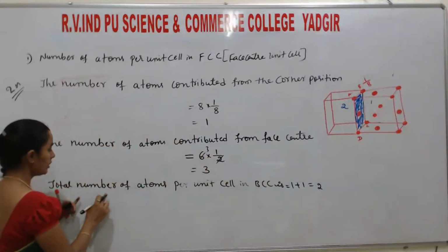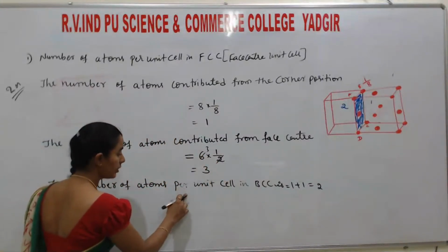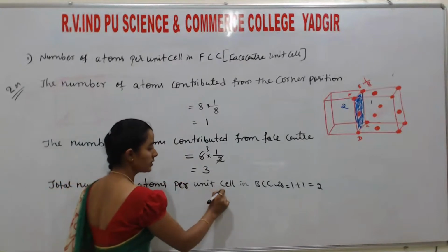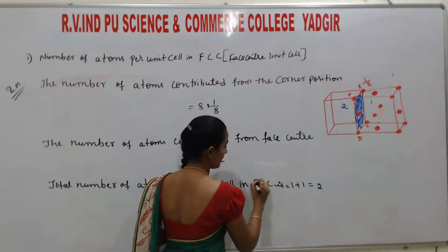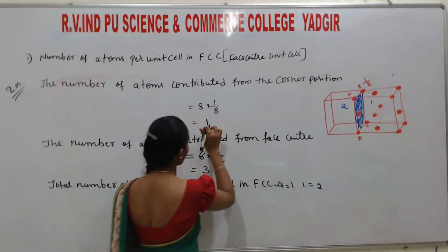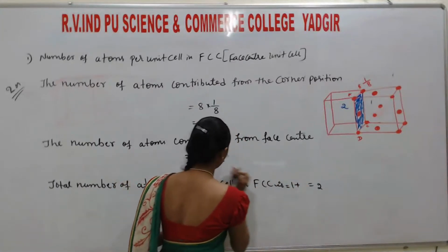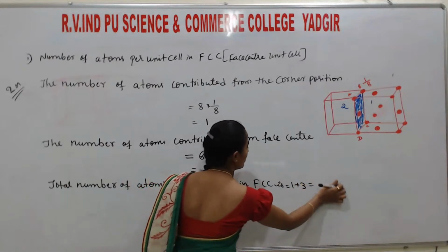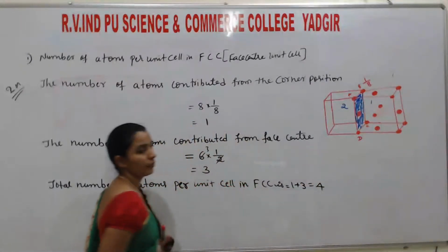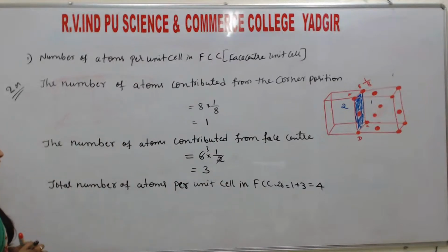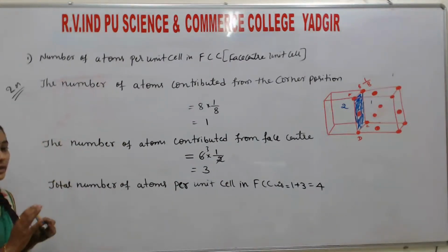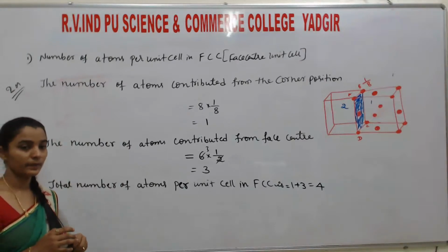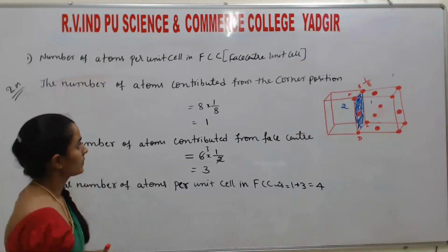So the number of atoms per unit cell in FCC is 1 from the corner position, 3 from the face center, total 4. 1 plus 3 is equal to 4. That is the number of atoms per unit cell in FCC. Understand? So the next one.